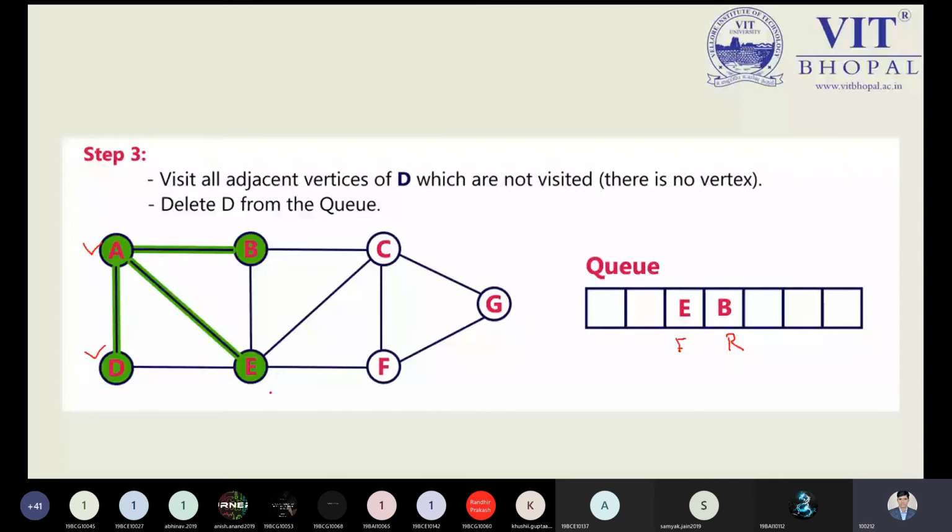So we are removing D, which represents that D is visited. Same thing we will perform for E and F. Now why am I using D? Because there is no node or other vertex connected here that is not visited. So A is visited and D is visited, and that's why it is marked here in green color.